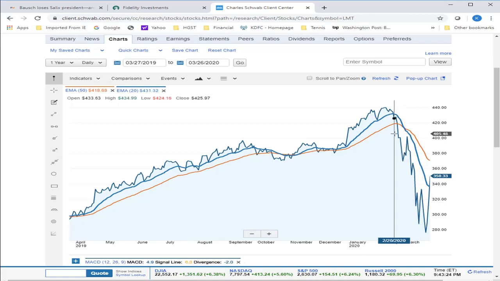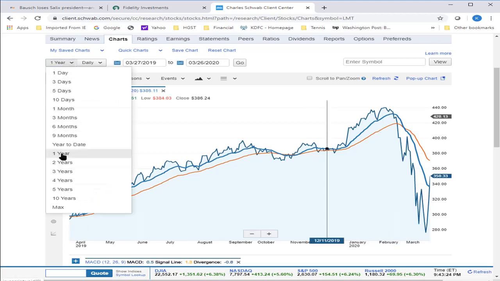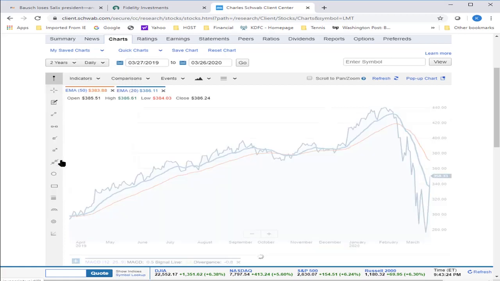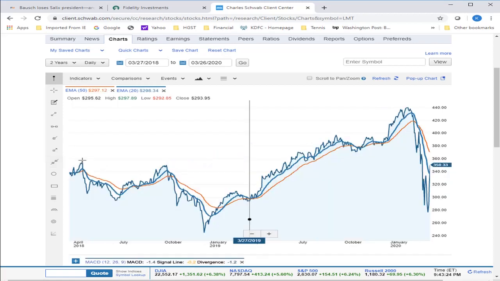So we can take a look at this further back and see how that worked out also. So let's go back 2 years. So for Lockheed Martin, if we go back 2 years, okay, so here you can see the faster moving average crossing downward here, moving upwards here, moving downwards here, and moving upward here.